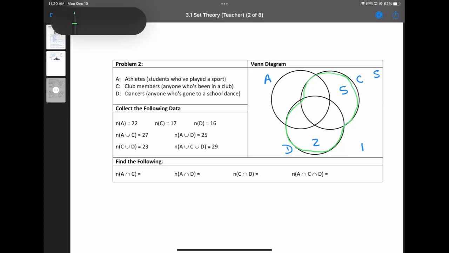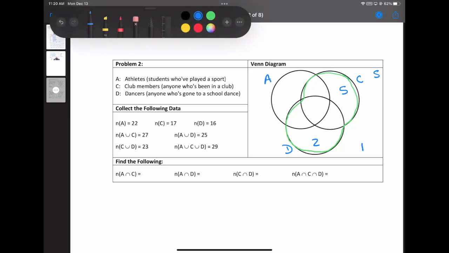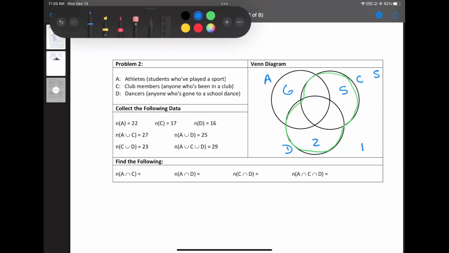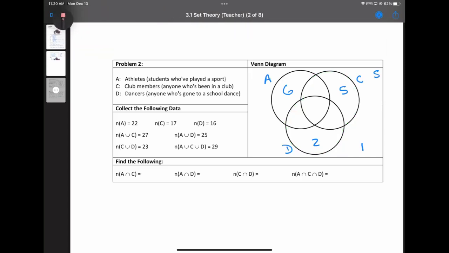One of them's in the corner. The remaining 6 must be there. Okay, so we've filled in a fair bit. What else can we do? We know the number of people in, let me see here, where should we start? Let's start with A.